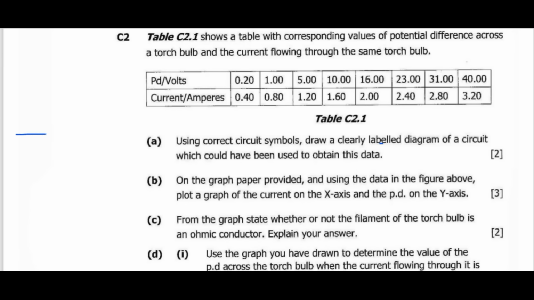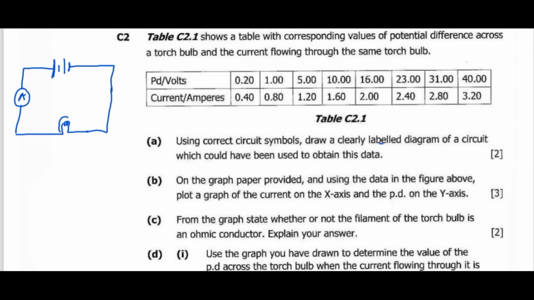So we have been given a bulb. This is our bulb. Then here we are going to put our ammeter. Ammeter must be found where there is the positive terminal. How do you know that this is our positive terminal? It is where there is the longer line.